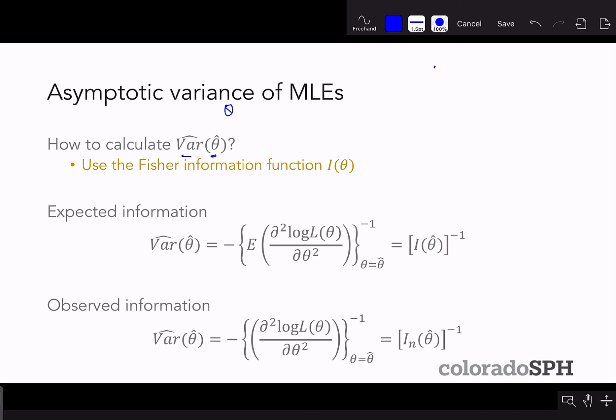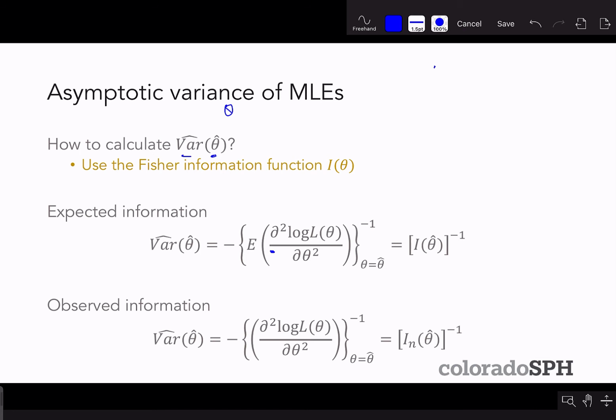And there are, in fact, two different versions of the Fisher information. And for the record, I'm going to use information and Fisher information interchangeably throughout this lecture. Information is the second derivative of the log likelihood with respect to the parameter theta.